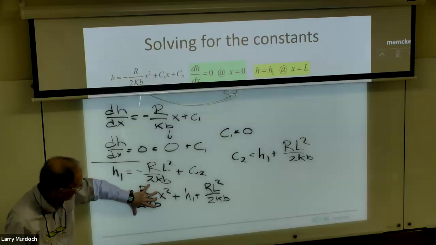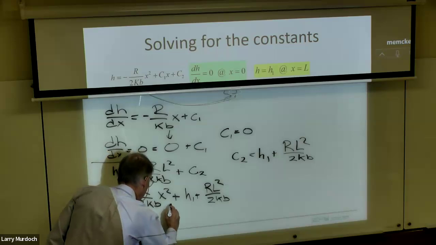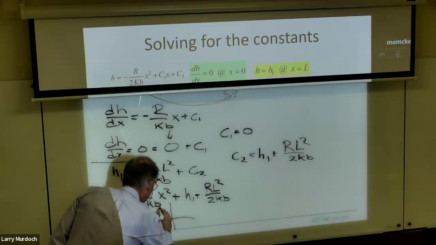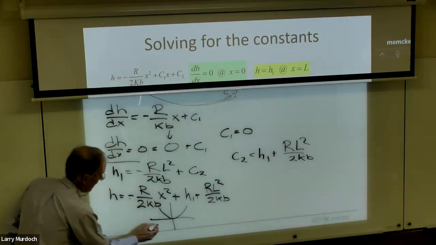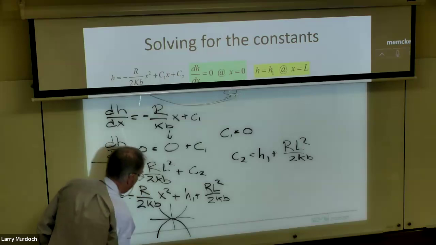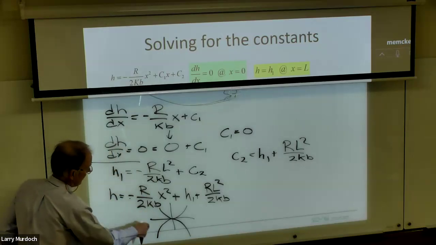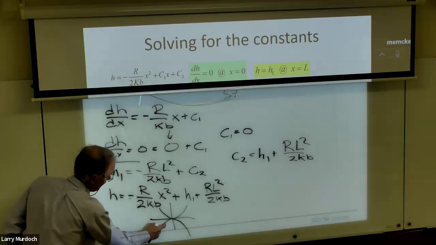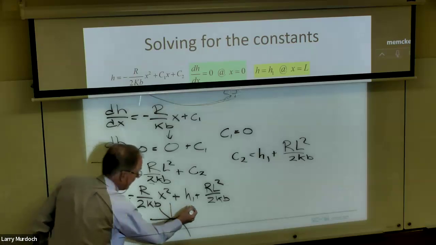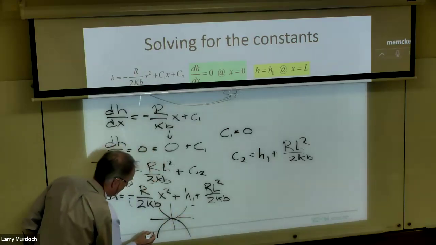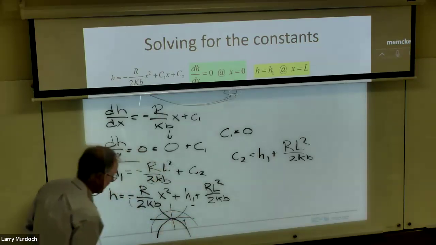That is the parabola. So this right here looks like this. If we change the sign, it goes like that. This amplifies it, but it still would just be this. This term here looks like that, and then this term here brings it up like that. So it lifts it like that.